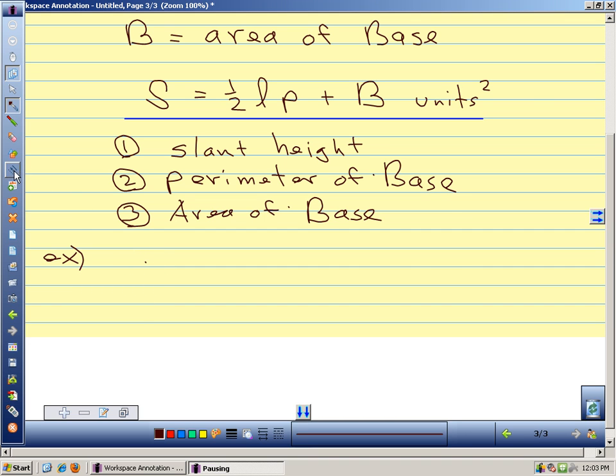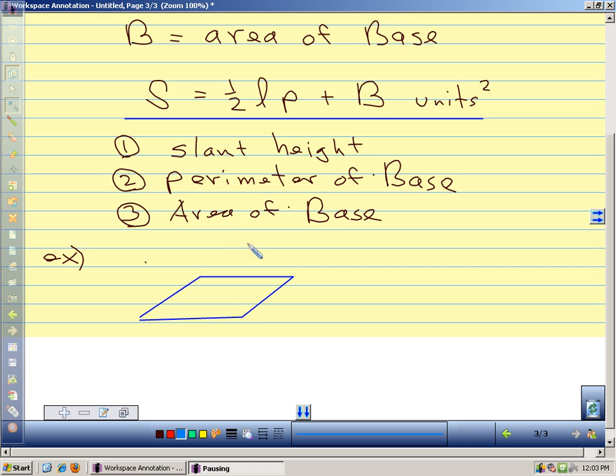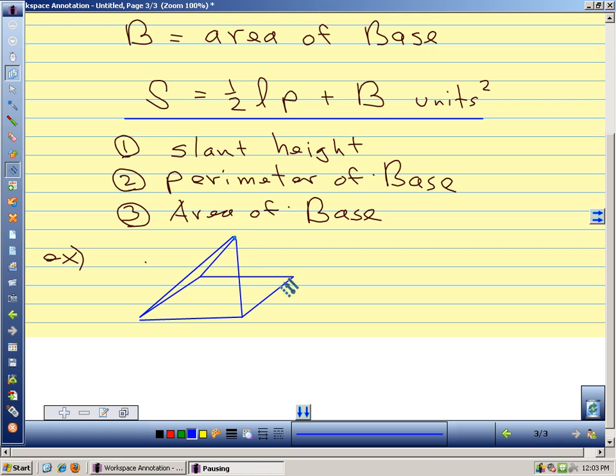So here's my pyramid, and we're going to say this is a regular square pyramid. I'm going to put my vertex right up here, and then put the sides in. And we'll label our parts.